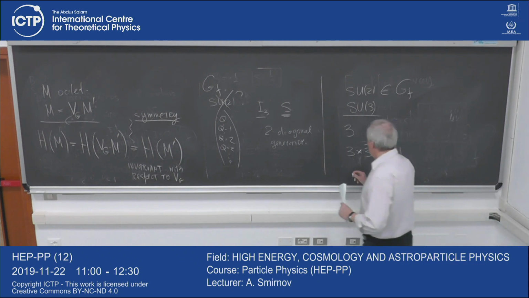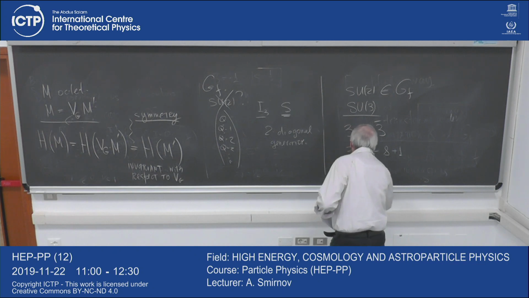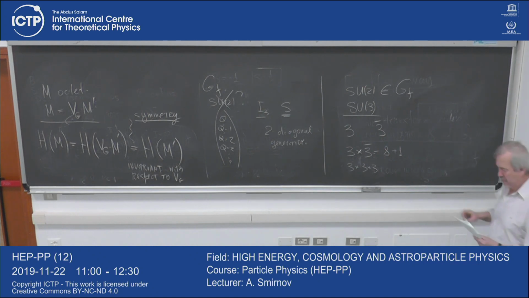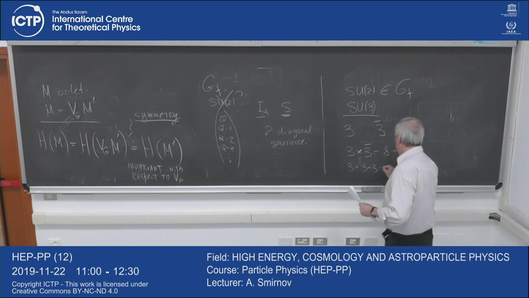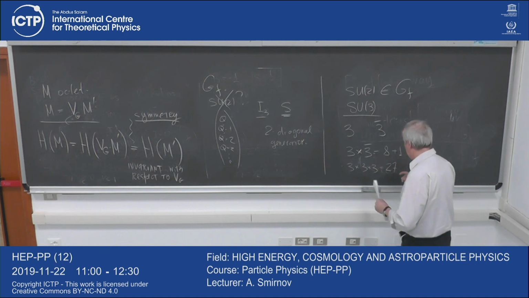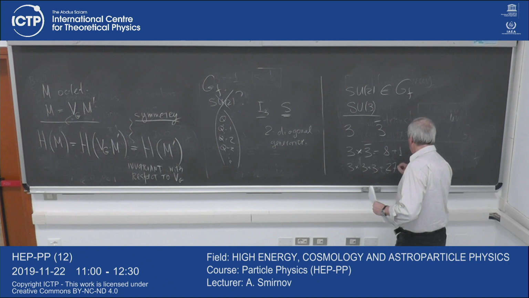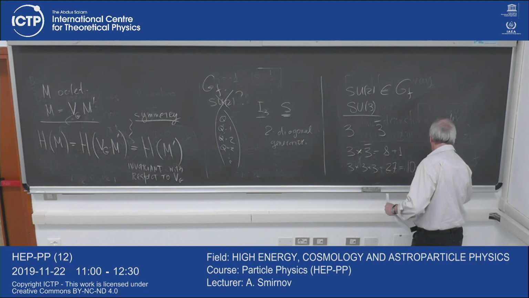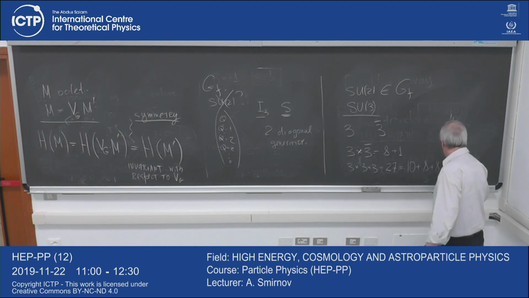Okay? So we also can consider 3 times 3 times 3, product of 3 fundamental representations. So here we get 27 elements, which can be expanded into irreducible representations, 10 plus 8 plus 8 plus 1.